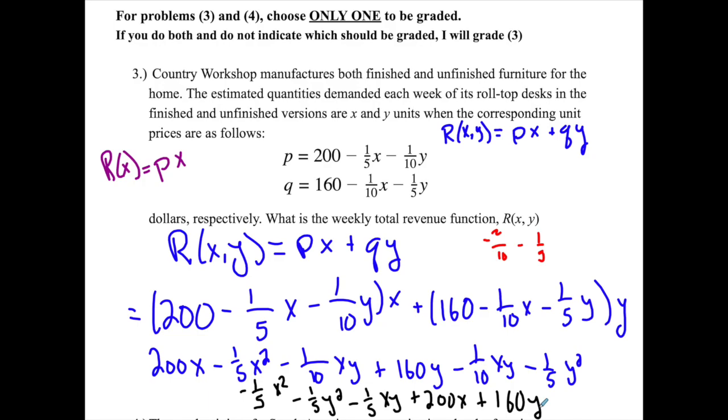That's just moving stuff around and combining like terms. The big like terms you can combine are the negative 1/10 xy and negative 1/10 xy. That makes negative 2/10 or negative 1/5, dividing top and bottom by 2. That's your revenue function.